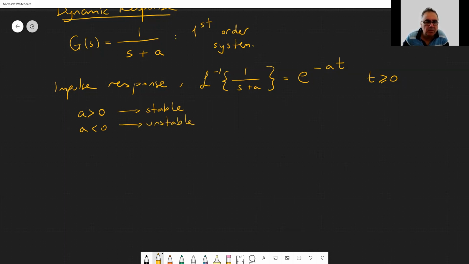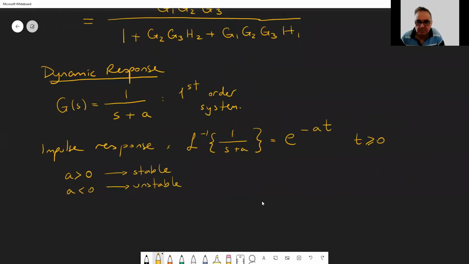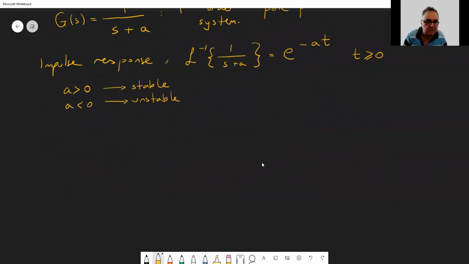Remember that the pole of this system, pole P, is equal to minus A. So if the pole is negative, the system is stable. If the pole is positive, the system is unstable.